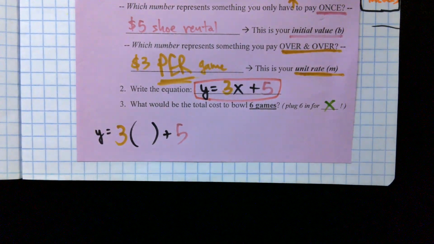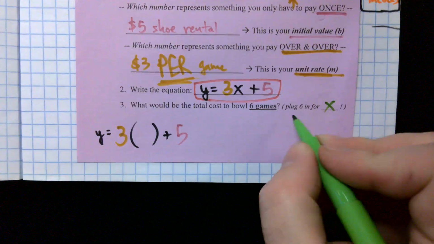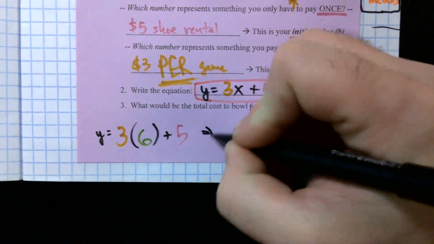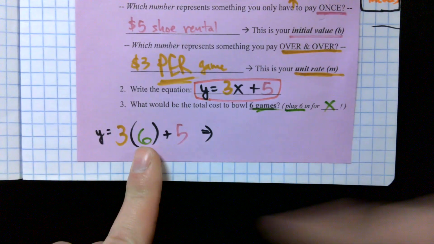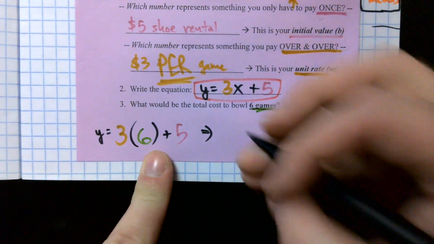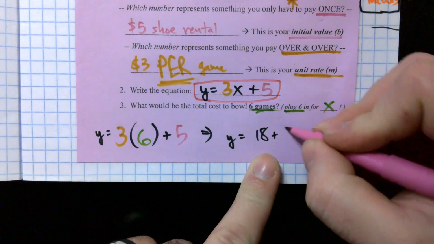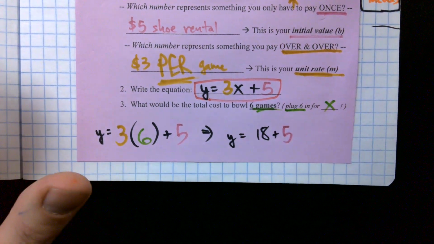What am I going to put in place of that letter X here? 6. What is 3 times 6? Everyone see why we plugged the 6 in right there? Yes. Okay. What is 3 times 6? 18. So for just the bowling part, it's $18.